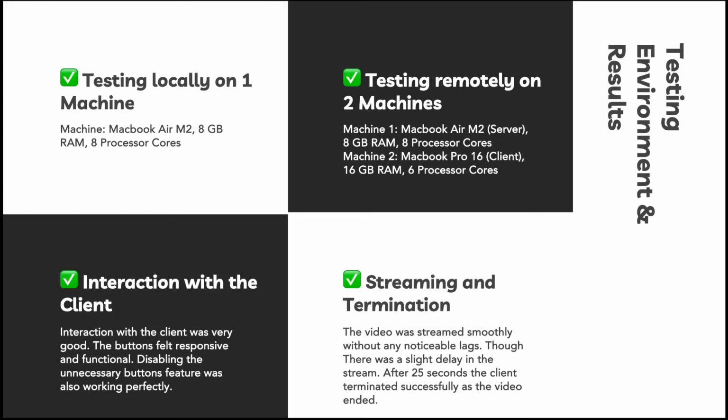The buttons were responsive, and we also implemented disabling the buttons that are not required. That is, if the client is not set up, then we cannot press the play or pause button because that is not required. So we use the disabled method that the GUI and the PIL library provide.